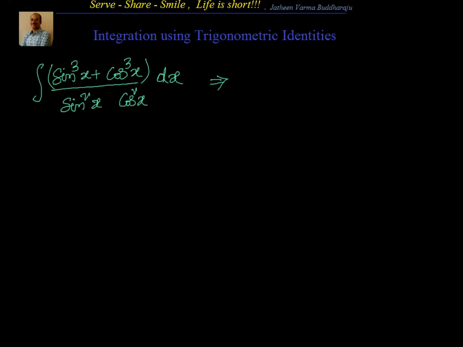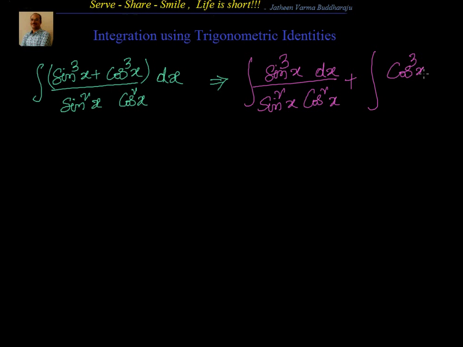Let's go to the next one. We have to find the integral of sin cube x plus cos cube x divided by sin square x cos square x. So we'll try to separate them now. I'll write it as integral of sin cube x divided by sin square x cos square x dx plus integral of cos cube x dx divided by sin square x cos square x.